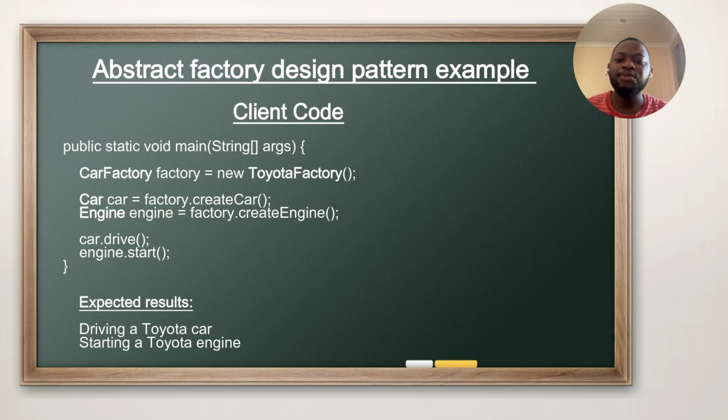The same would go for BMW. If at the factory reference you were to say equals new BMW factory, you should have driving a BMW car printed out and starting a BMW engine printed out instead of the current expected results.